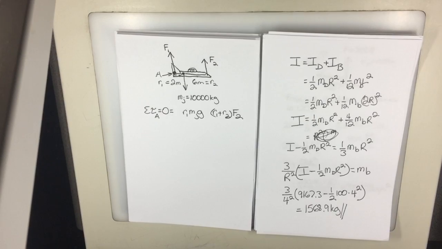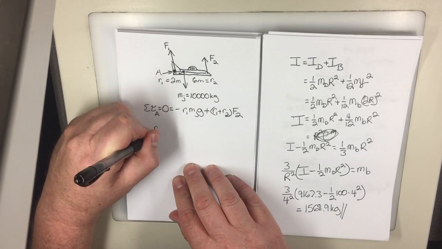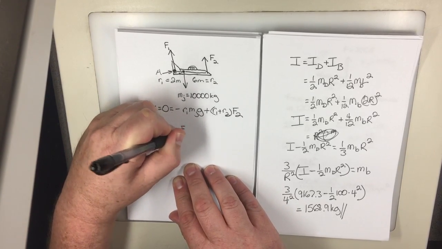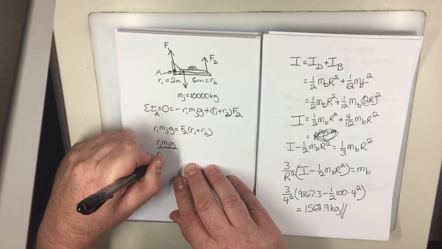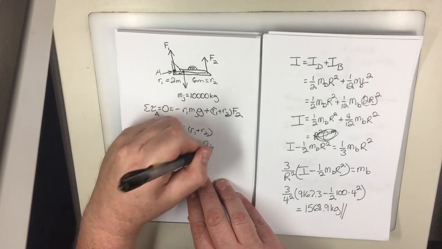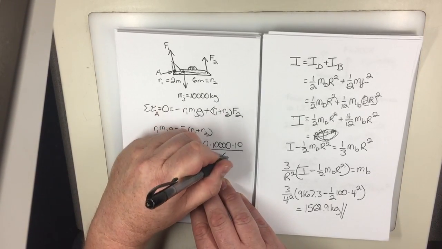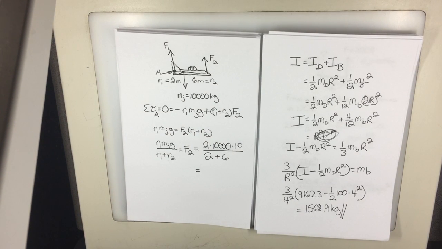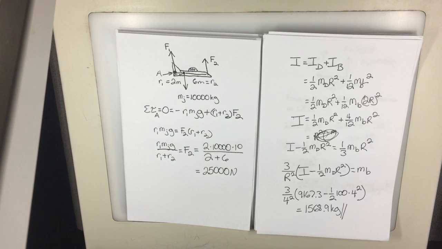So it's negative, positive for the signs. That gives $25,000 newtons.